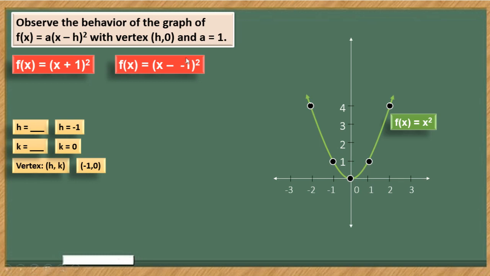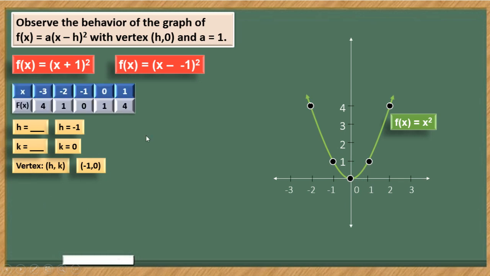Again, we have not yet seen the graph of this function, and we have not yet seen the table of its values, but we are able to identify the vertex. Let's continue. If x is equal to negative 1, the value of the function is 0, and that is this point.